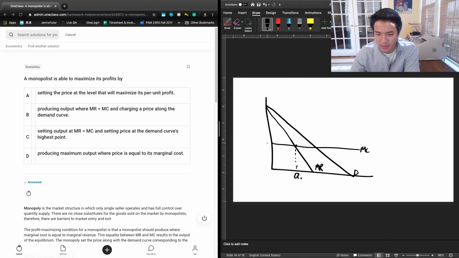But instead of charging a price equal to marginal cost, because there's a higher demand curve, what the monopolist actually does is continue this quantity upward and see where it intersects the demand curve, and this is the price that the monopolist charges.